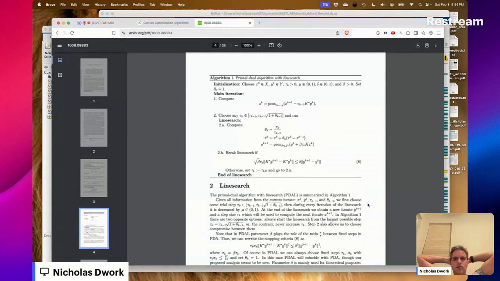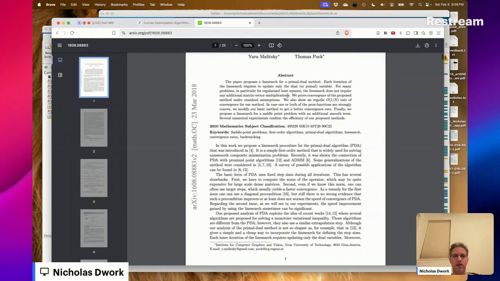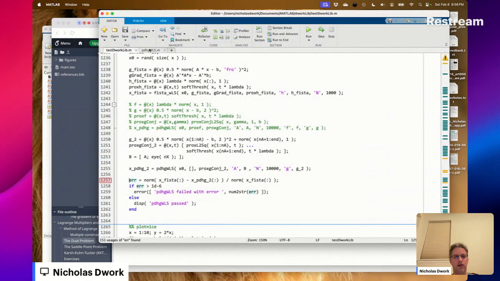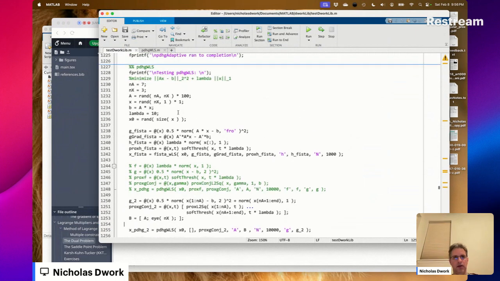Okay. The constant zero function is lower semi-continuous, so this should work. And this is nice.